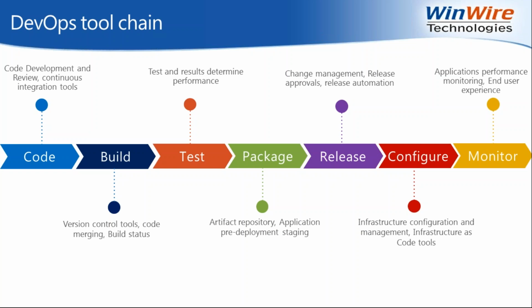This is a very high-level tool chain, which we think is very important for an effective implementation of any DevOps practice in an organization. The code tool should provide version control, so that developers are able to write their code in a collaborative manner.